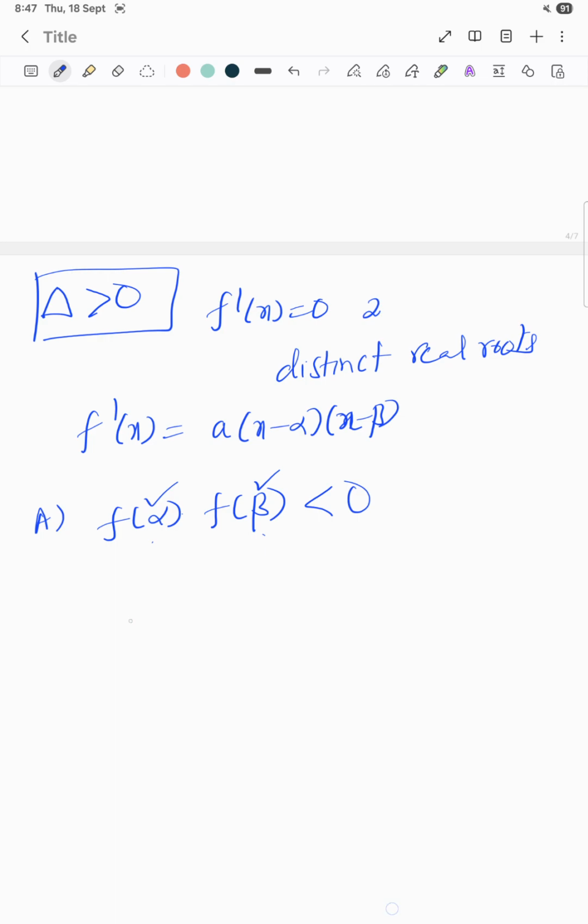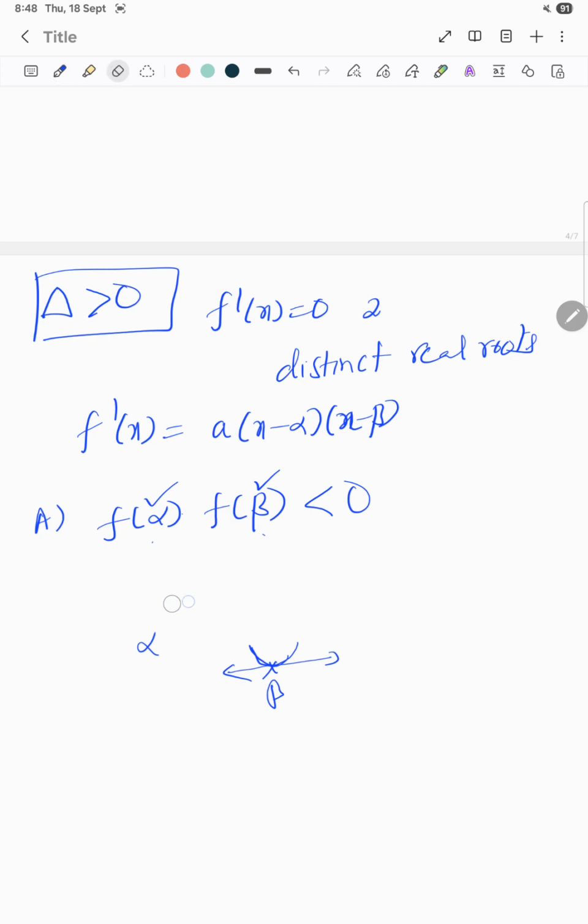This means the curve must have at least 2 turns, one at alpha and one at beta, because at these points if you draw the tangent, the slope of the tangent is 0, which is nothing but f dash of x being 0.